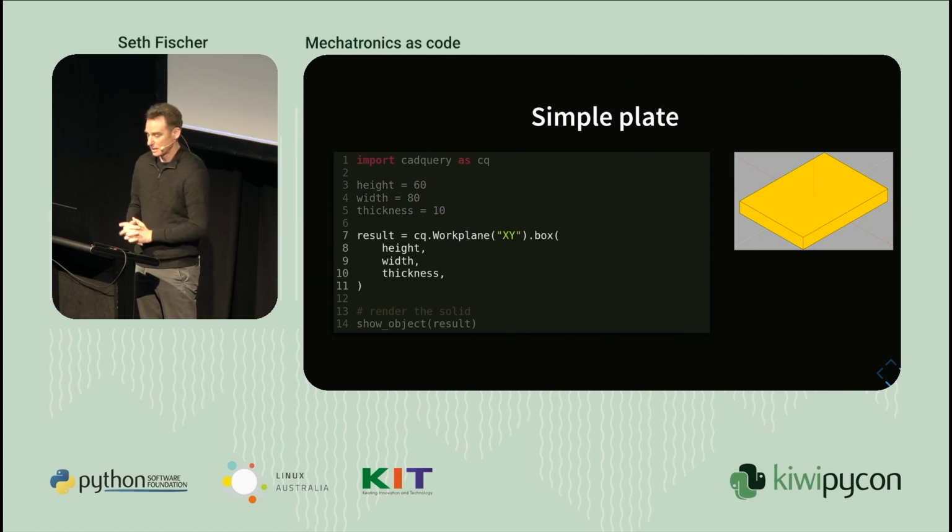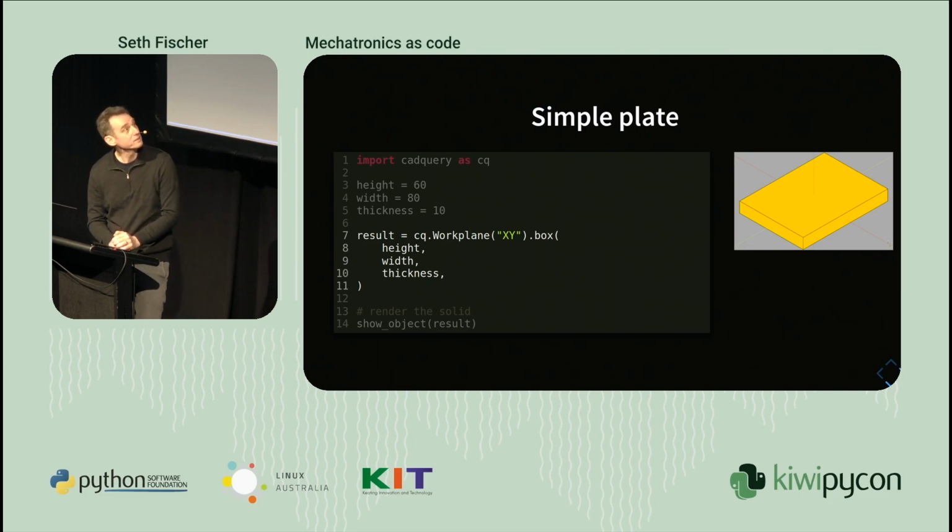And this, here, starting on line 7, we create a work plane. Now, a work plane is somewhere to start. It's like a virtual piece of paper that you can create your model on. And on that work plane, we create a box with our height, width, and thickness. And you can see that's how it's rendered in CadQuery editor.